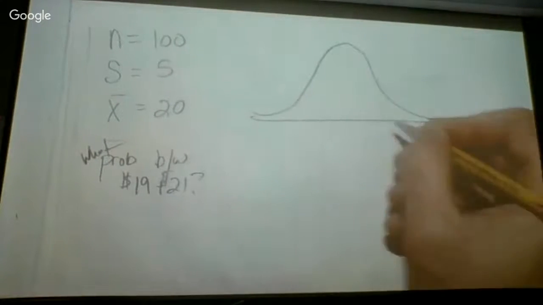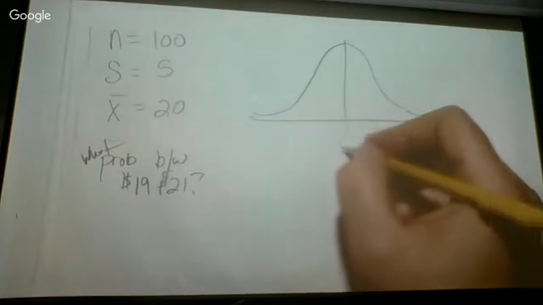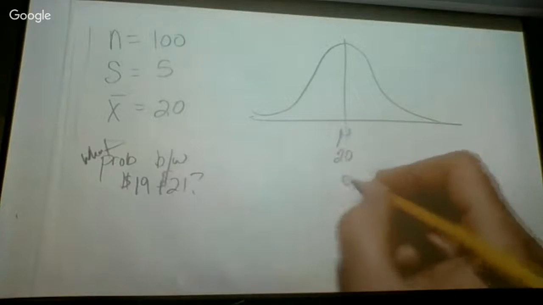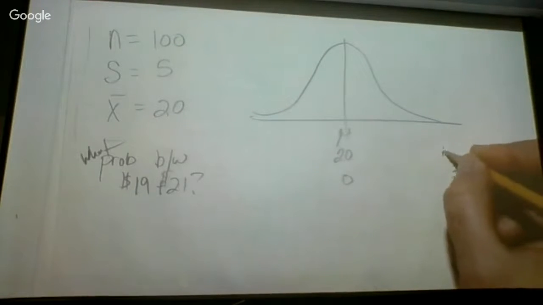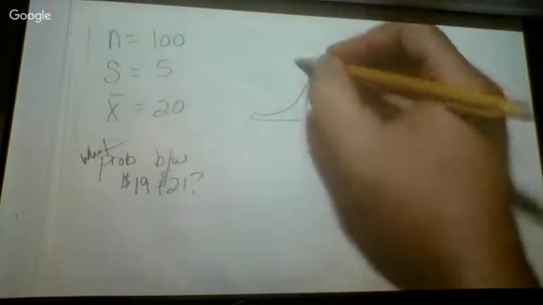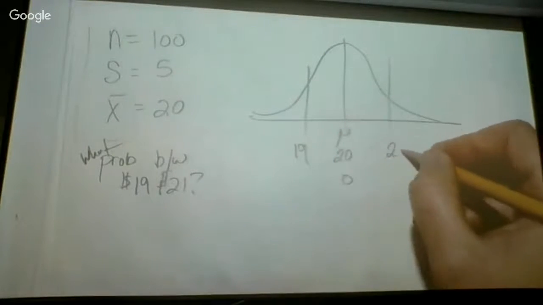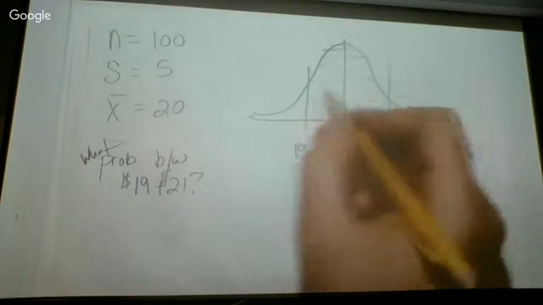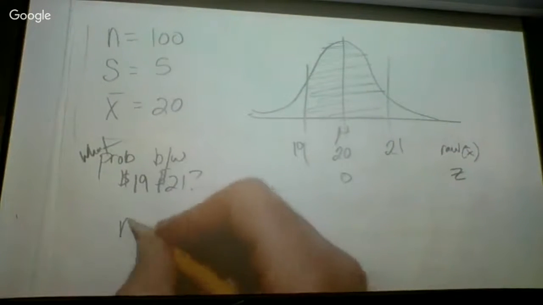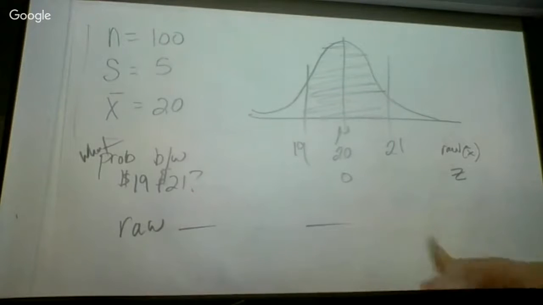Normal distribution. Thank you, central limit theorem. Mu is in the middle here at 20, and its z-score is always 0, and I'm sure of that. Somewhere between 19 and 21, this area is our answer. How do we get from a raw score to a proportion?